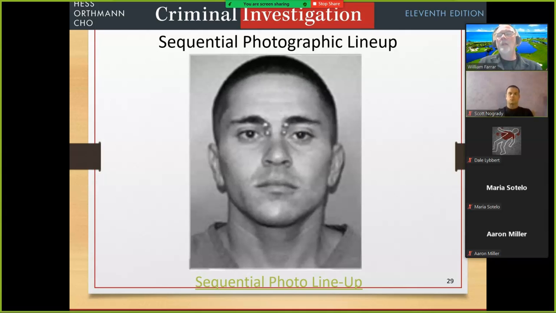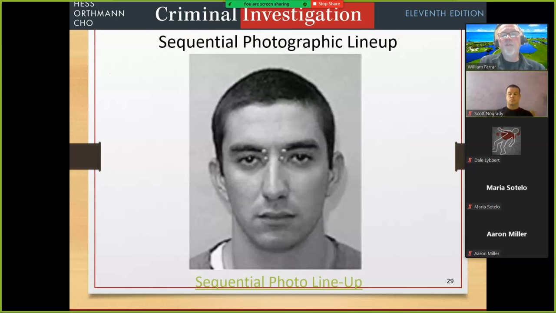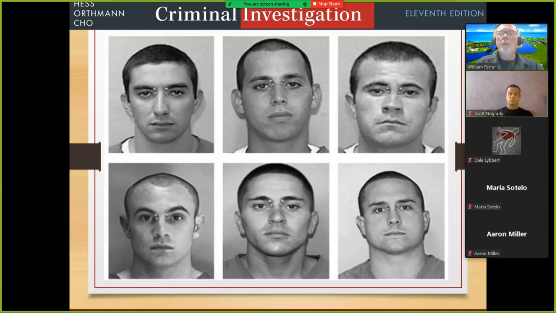The rationale is that a sequential lineup is, this probably isn't the greatest English, more fair or objective than showing a victim or a witness all the pictures at the same time. Because typically, if I show you all the photos at the same time and you're not sure, you gravitate towards the person that you think looks the most like him, and you're not really doing an actual ID.